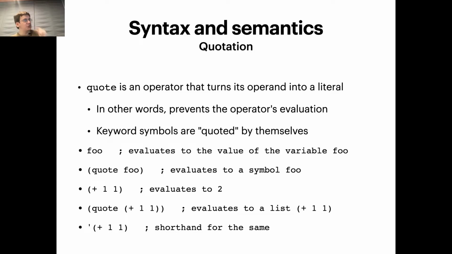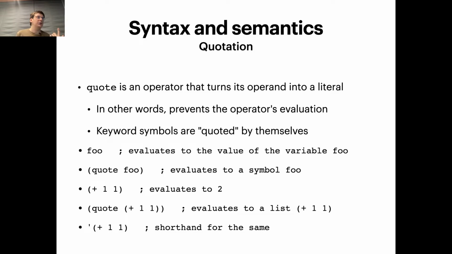And this is how it looks on the slide. If we just have a symbol foo, when we evaluate it, we get the value of foo. But we can put it inside a quote, and then when we evaluate quote foo, we just get foo instead of the value of foo. If we evaluate this list plus 1 and 1, we get the result of the evaluation of this form, and it's 2.